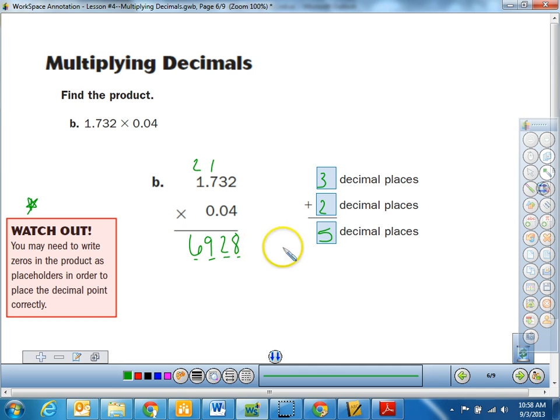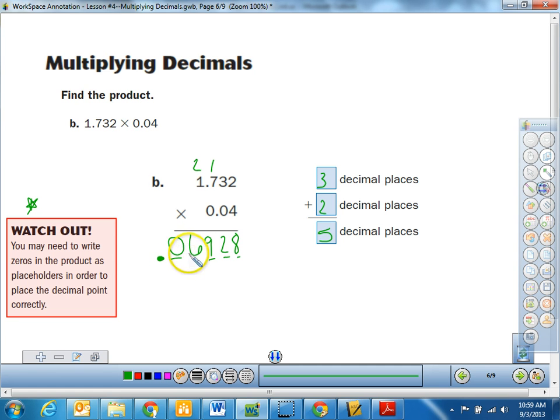Remember, the numbers need to be to the right of my decimal. So I'm going to have to add a 0 in here to the beginning. Remember, I didn't multiply times 0 out here, but it holds a place value. So I need to remember that when I am putting my decimal point in. I start at the right and I count over 5 place values. 1, 2, 3, 4, and then I had to add this 5th one and fill it with a 0.